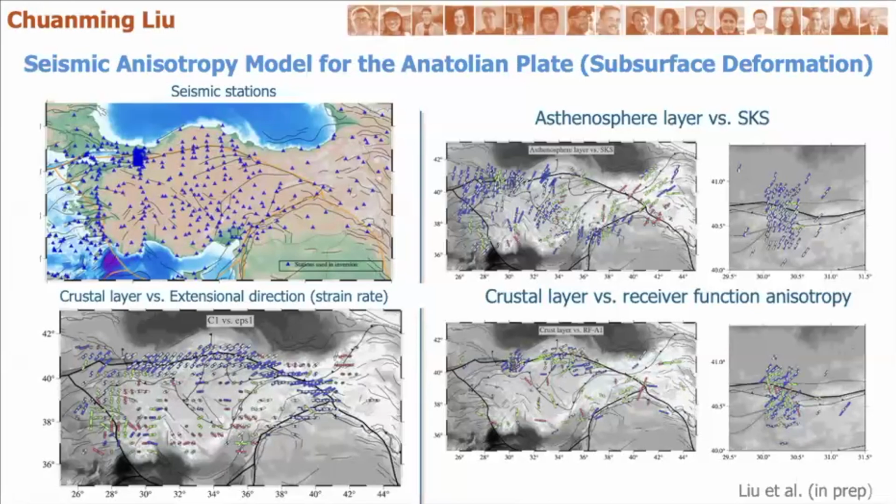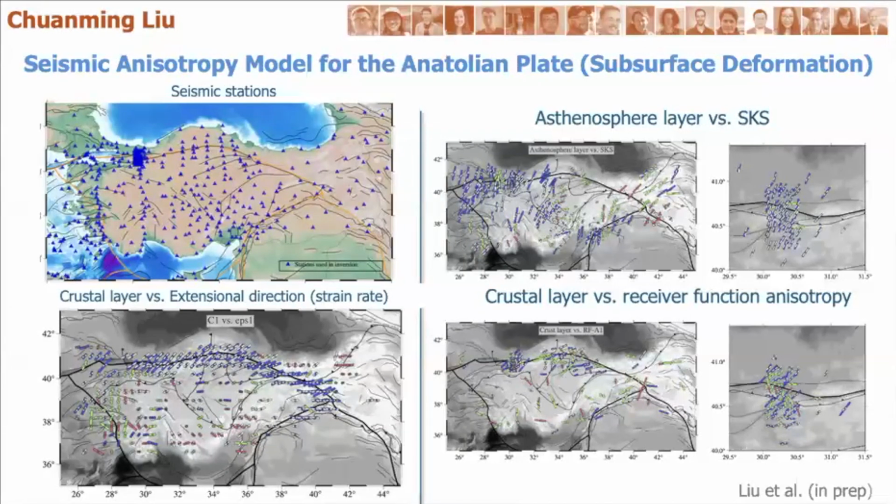So over here shows our crust layer seismic azimuthal anisotropy result. We compare the crust rotations with the extensional directions from the inverted strain rate measurements from GNSS and InSAR.